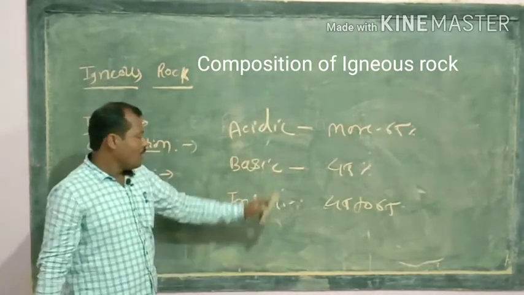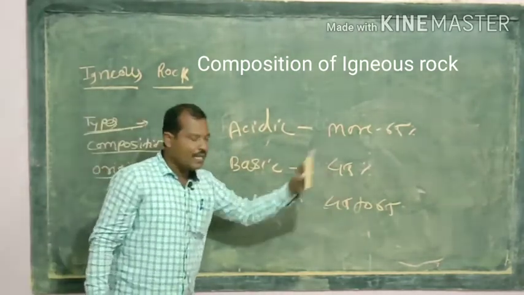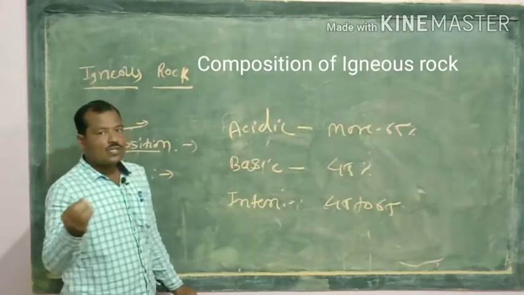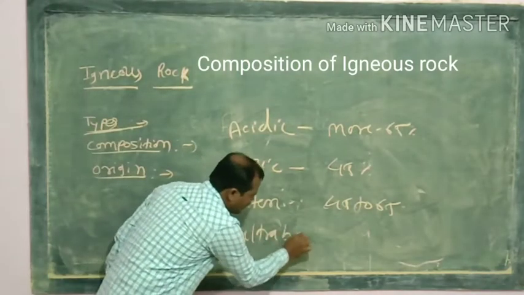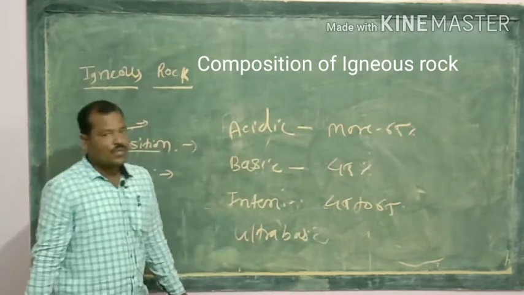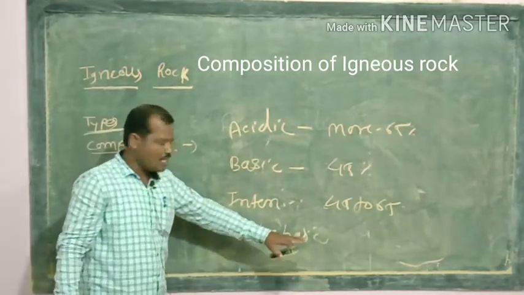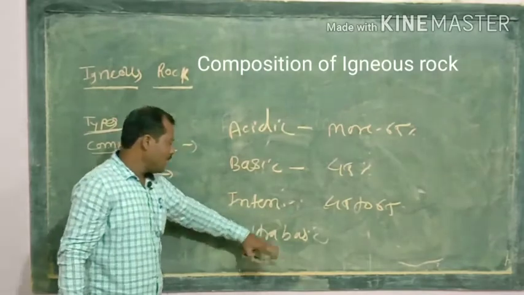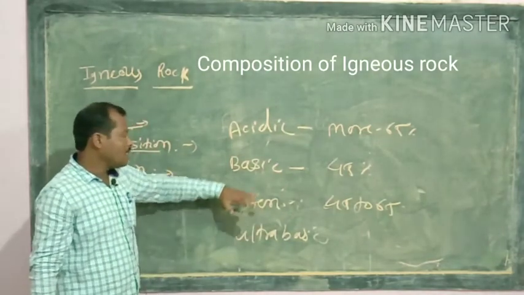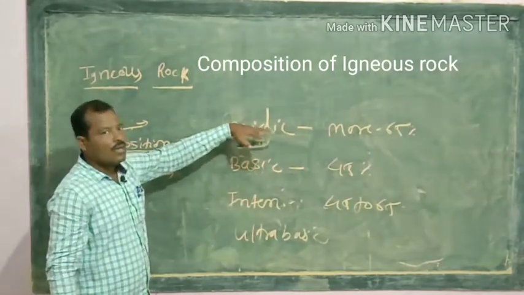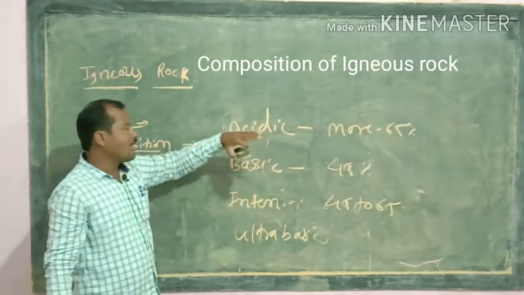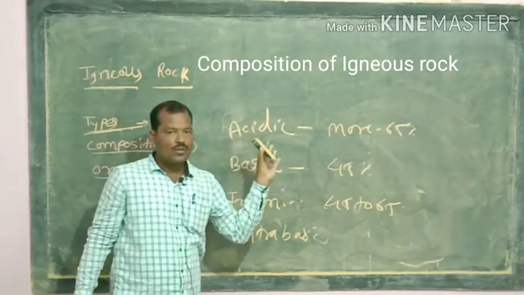But if the silica percent is less than 45, it is also called ultrabasic igneous rock. For example, dunite is an example of ultrabasic, intermediate is dolerite, basic is gabbro and basalt, while acidic has rhyolite and granite. We have seen this in the last lecture.